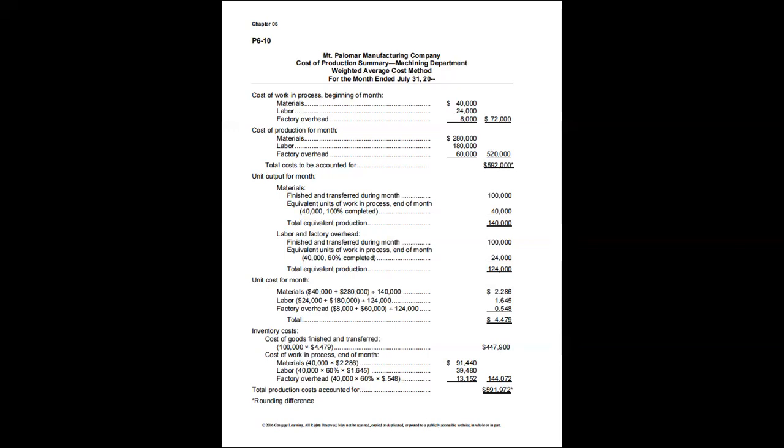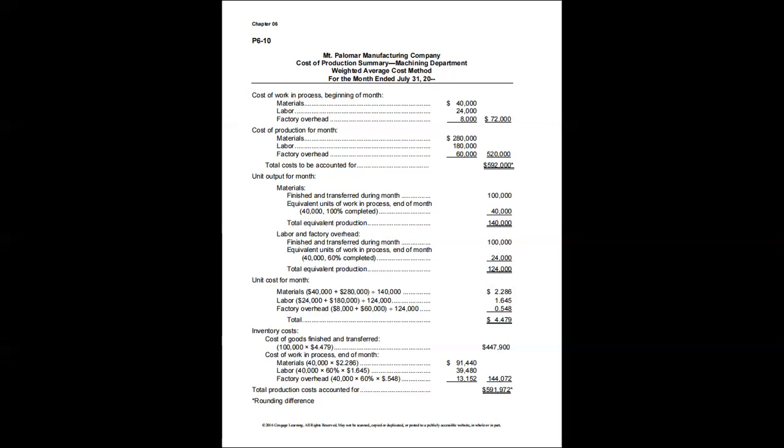Cost of the work in process at the beginning of the month, given are your materials, labor, and factory overhead for the machining department. So we have the cost of materials, labor, and factory overhead of 40,000, 24,000, and 8,000. So the total cost of the work in process beginning of the month is 72,000.